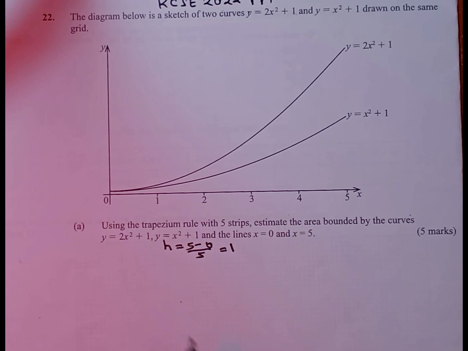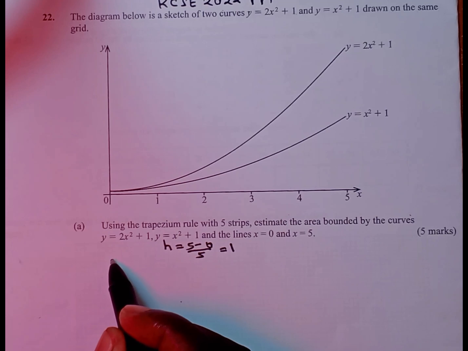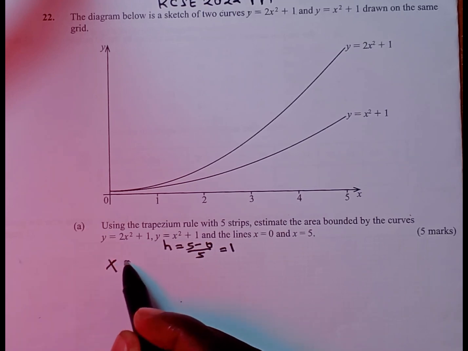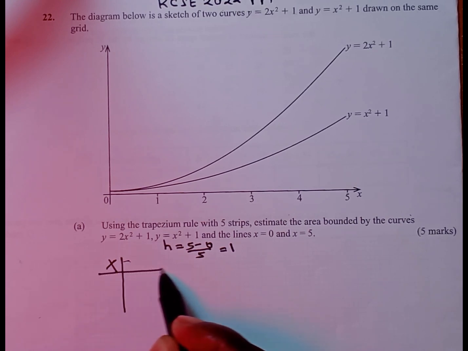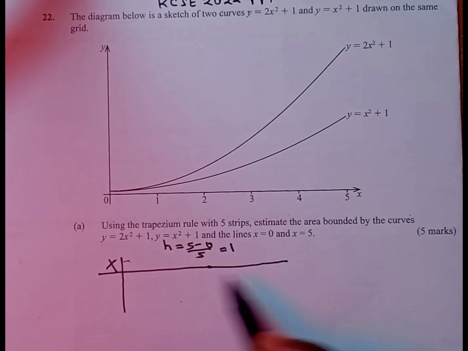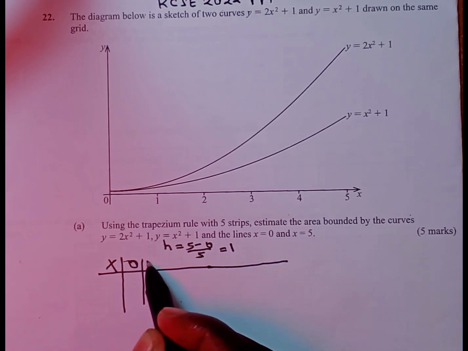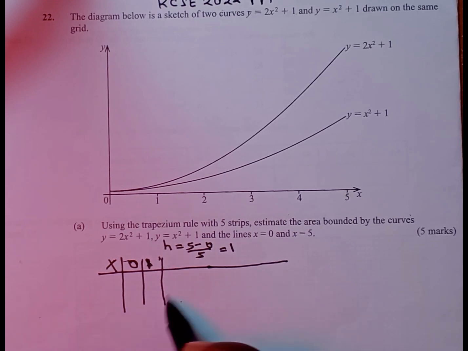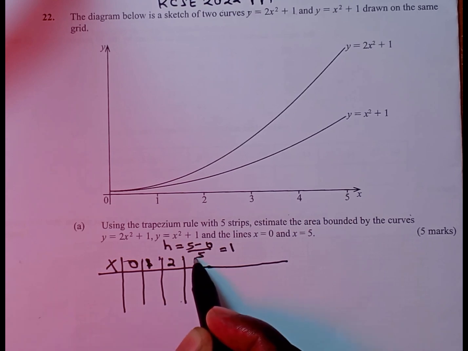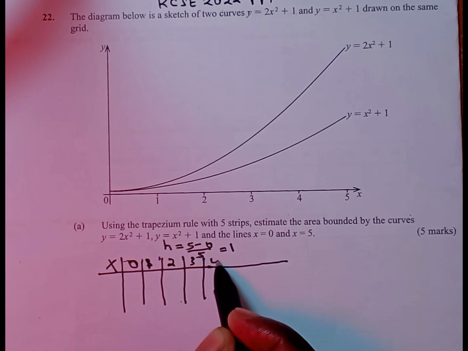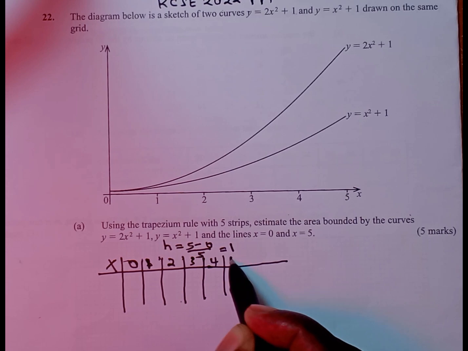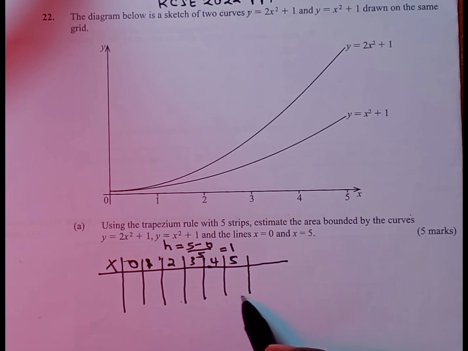Having gotten the height, we can now draw a table. Our table is going to have x, and we have been told that the values of x range from 0 all the way to 5. That is 0, 1, 2, 3, 4, 5, and that is our last strip.